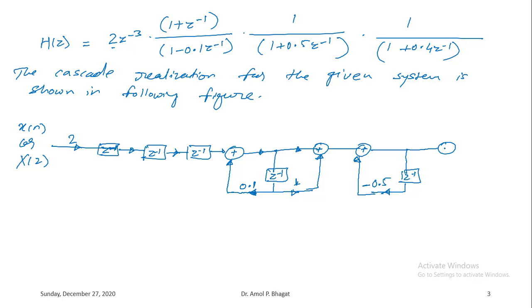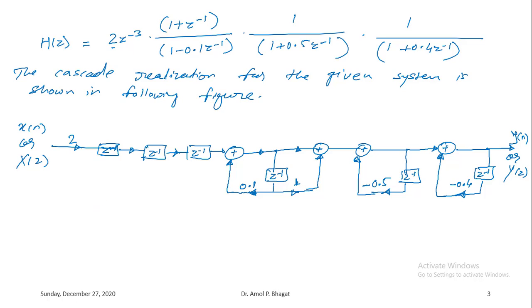Okay, so again one adder I'll be needing. Then again in feedback I have this z inverse, right? Then it is multiplied with this constant coefficient 0.4. So as it is in the denominator, I will be taking it as negative, right? It will be fed back, and this will be indicated as the output of the system. So y of n or capital Y of z.